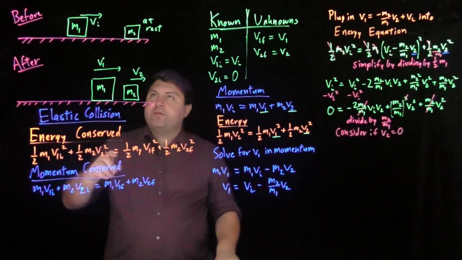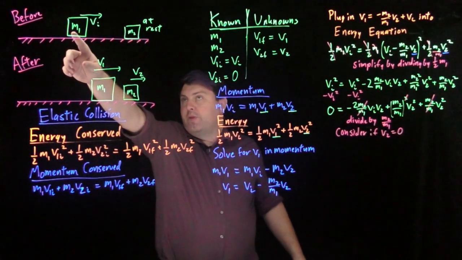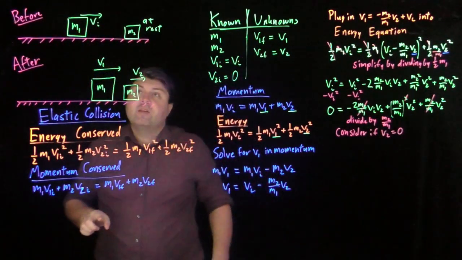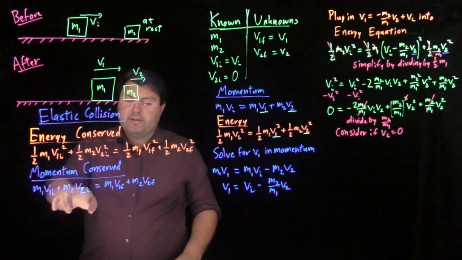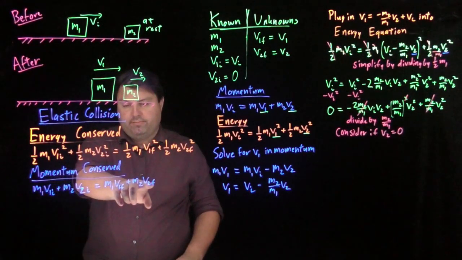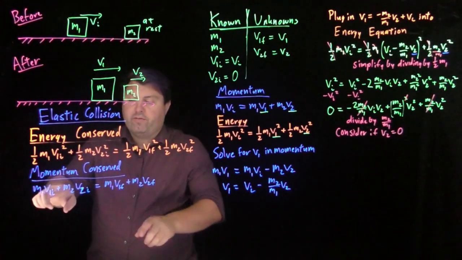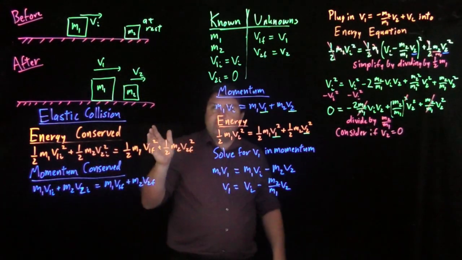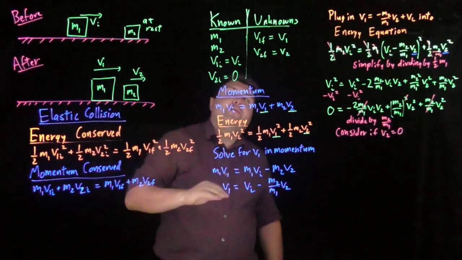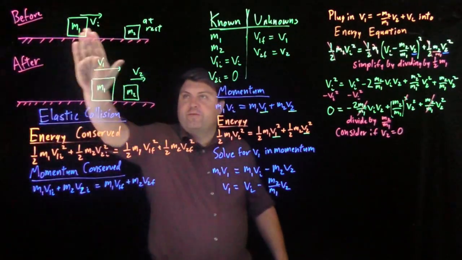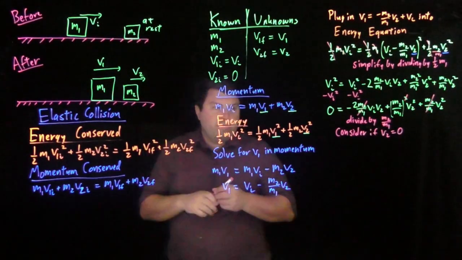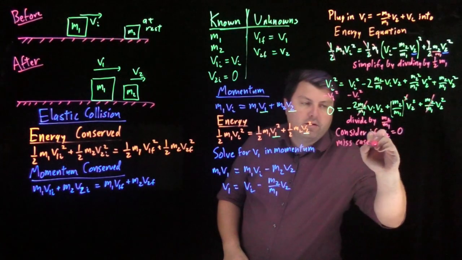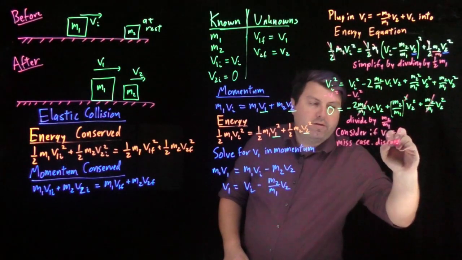If V2 is equal to 0, our block is starting at V1 and continues through. And the only way to conserve momentum then is that, right, if V2 is 0 and V2I is 0, then V1I and V1F would be the same. So this is if it misses, or if it, like Shadow Cat from X-Men, just phases right past. So this would be a miss case. So we can discard that.